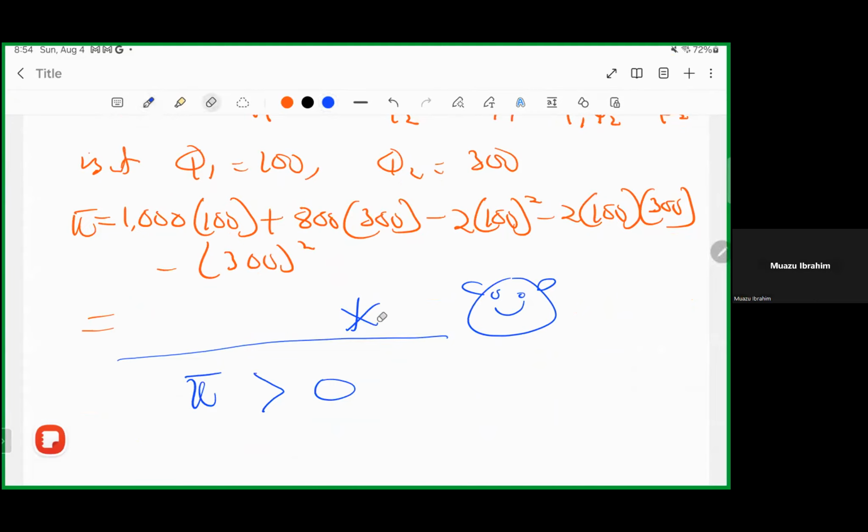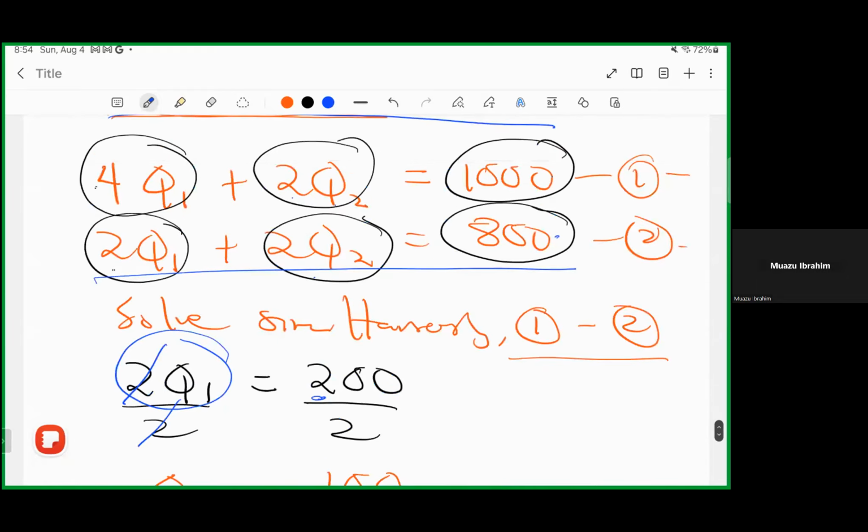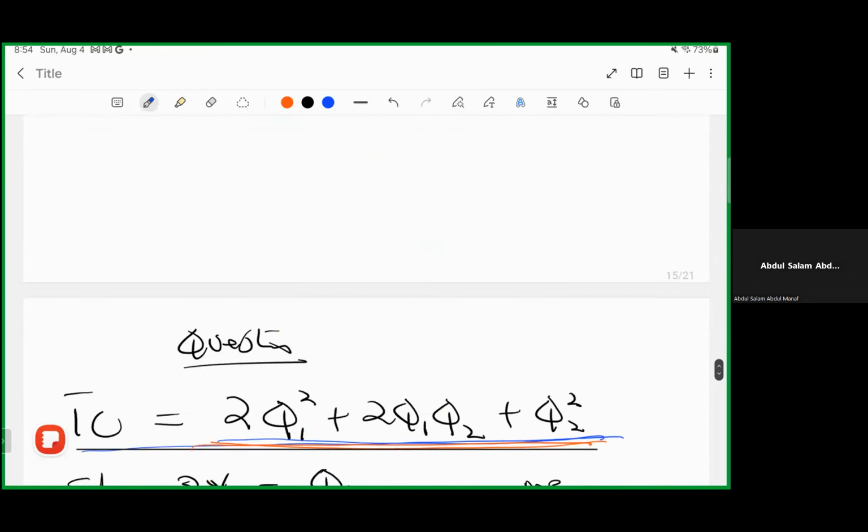Excellent. So you realize that this particular profit, 260,000, is greater than 0. Which means the firm is making what type of profit here? They are making abnormal profit.